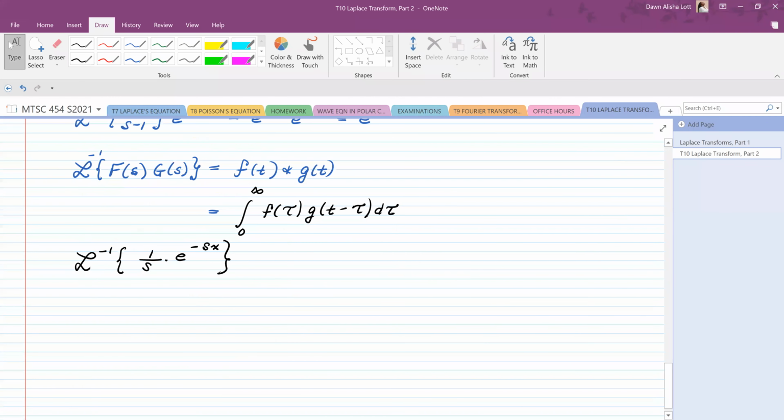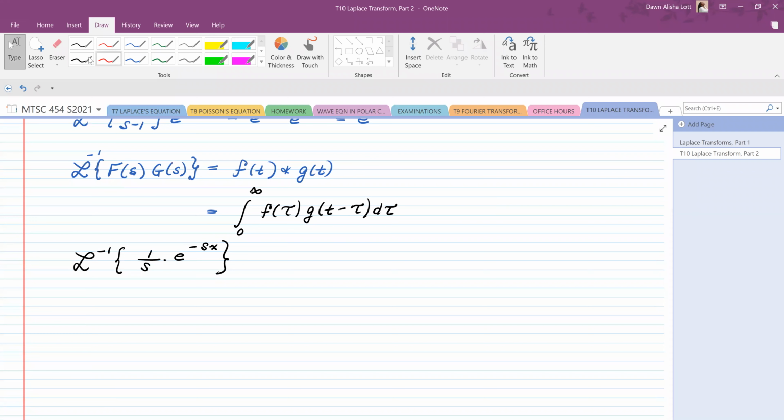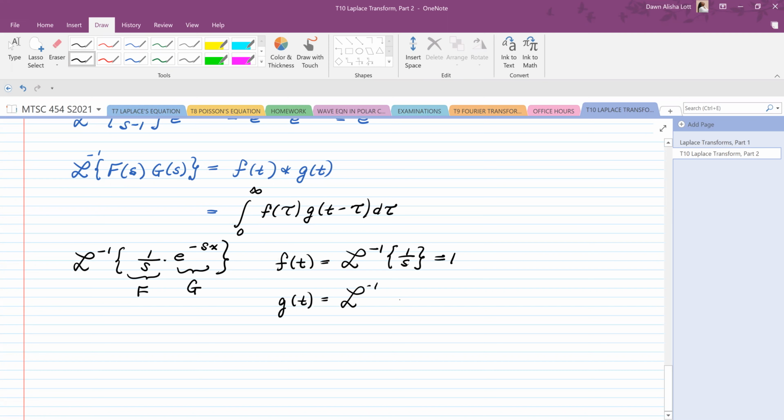This one is f and this one is g. Little f of t is the inverse Laplace transform of 1 over s, which is just one. And little g of t is the inverse Laplace transform of e to the minus sx.